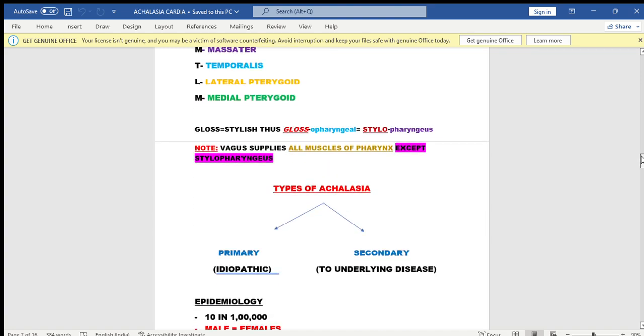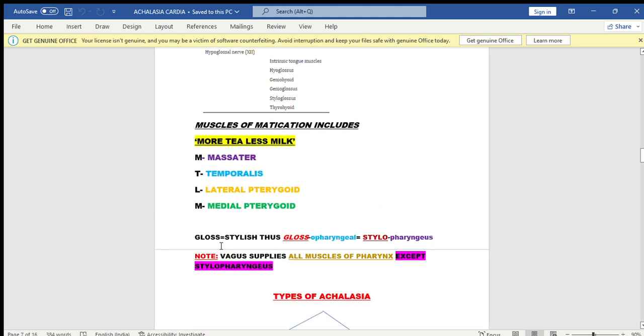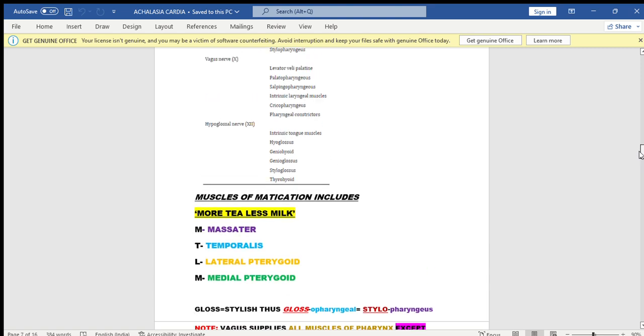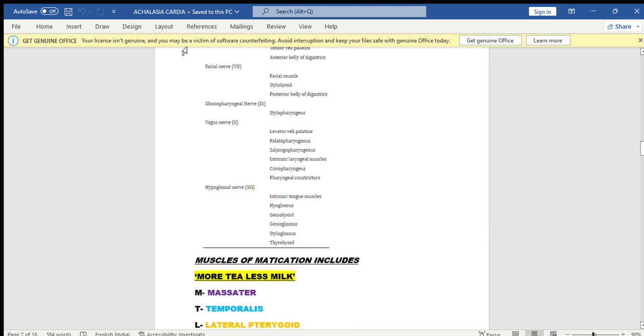Now the way to remember it is the glossopharyngeal. Gloss stands for style. So gloss means stylish. So glossopharyngeal is a stylish nerve, so it has to supply a muscle which is stylish. So glossopharyngeus is associated with stylopharyngeus. The way to remember glossopharyngeal muscle innervation is gloss is a stylish nerve, so it will supply any muscle that is very stylish.